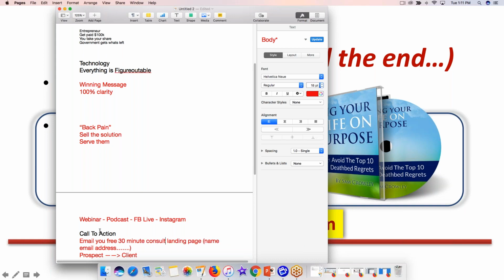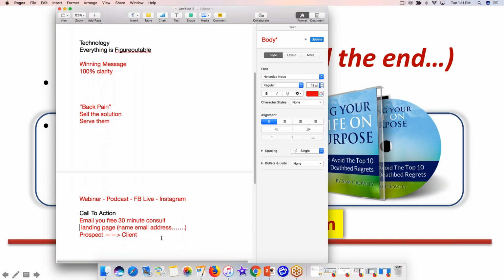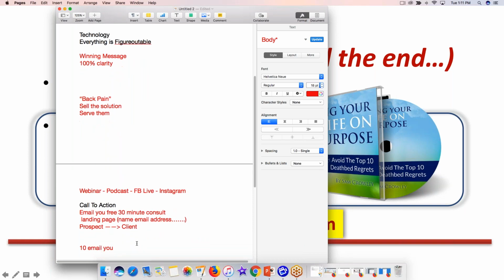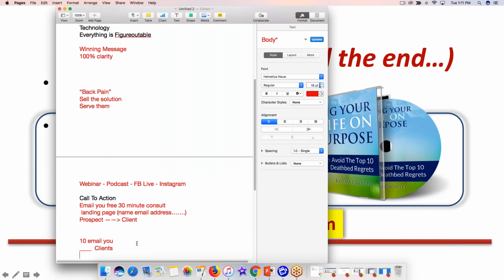No obligation, just to show them how you can help. Then all it becomes is a math equation. If you have 10 people email you, how many of those become clients? If your program is $1,000, and let's say this number up here is 5, well, there you're making $5,000 a month for every 10 people who email you.